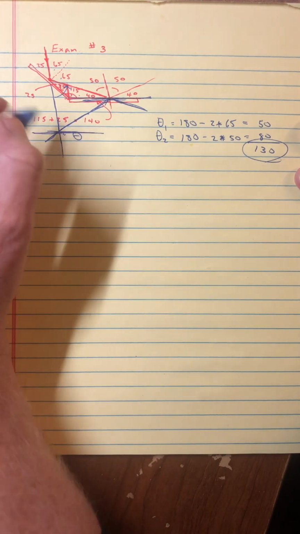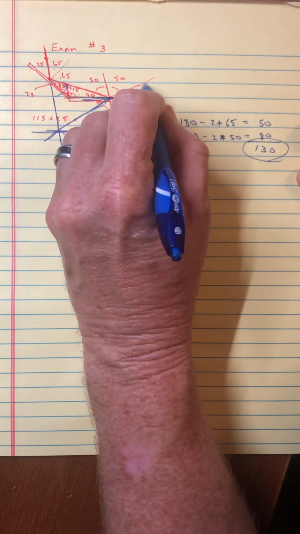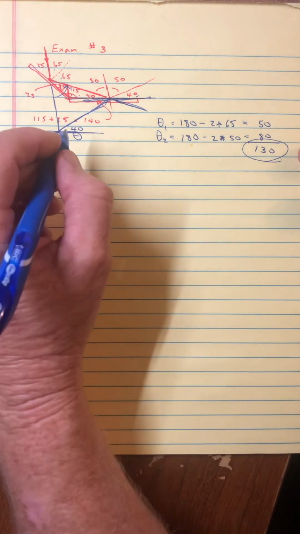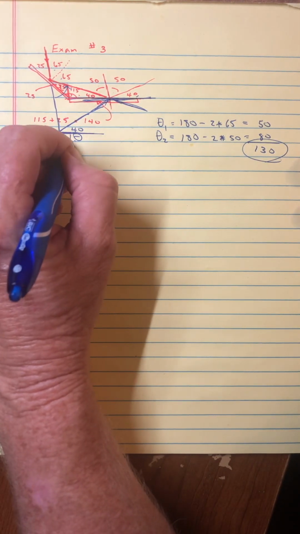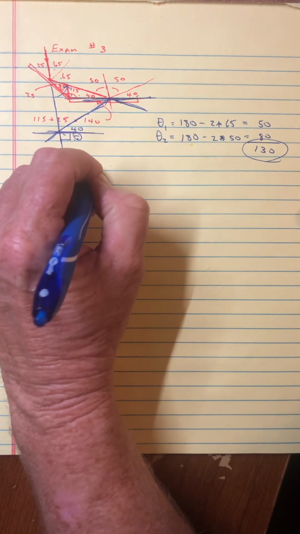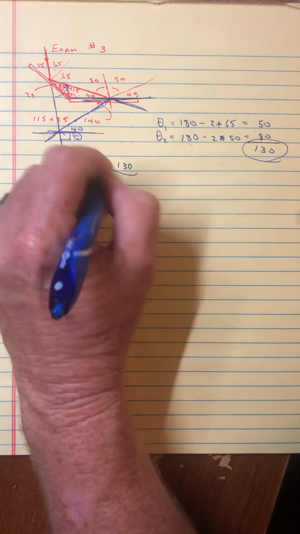Let's see, what am I looking for? Oh, this angle here would be 40, and that would correspond to it there, alternate interior angles. And so the full theta would be this 40 plus this 90. So 40 plus 90 equals 130.